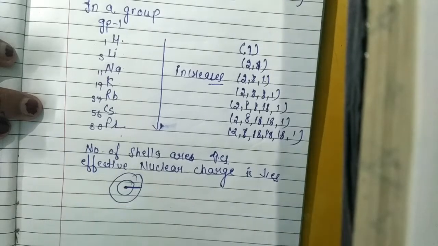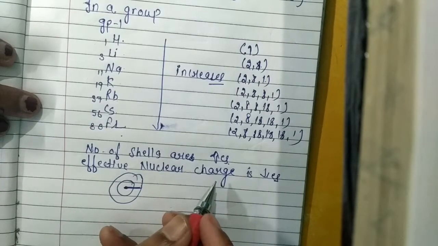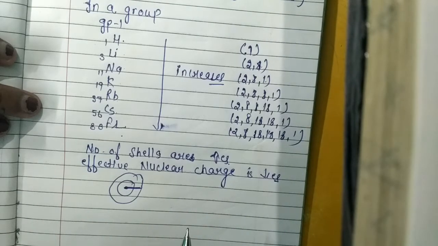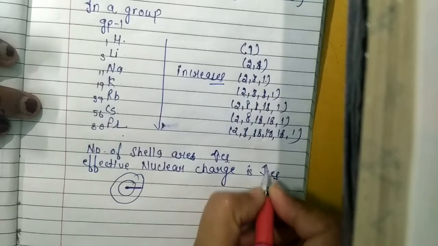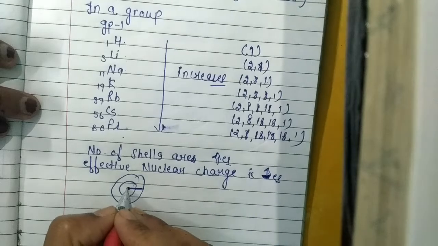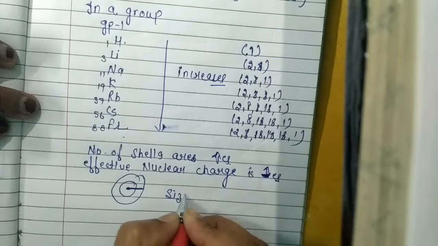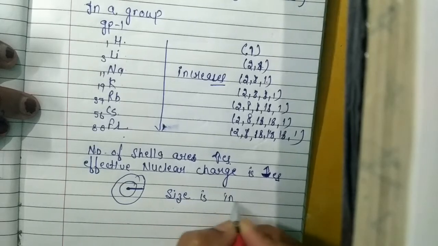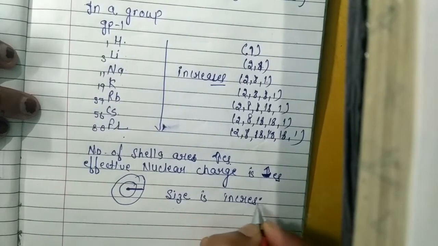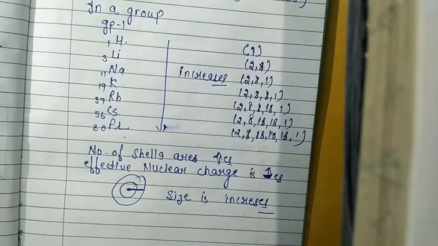Here the effective nuclear charge decreases. So that's why size is increased. Okay, this is about the variation in a group.